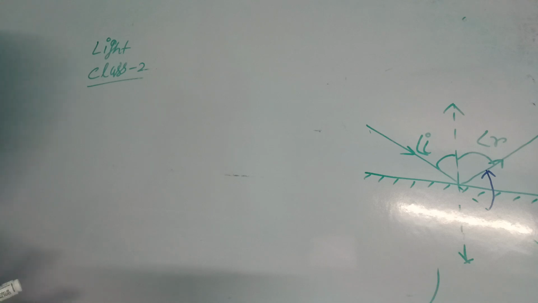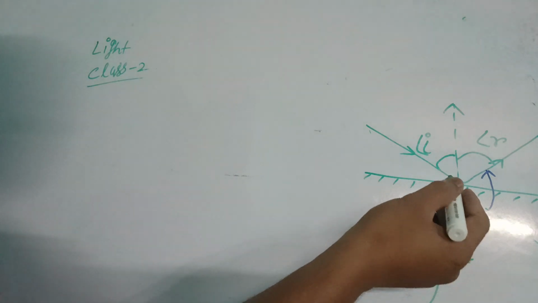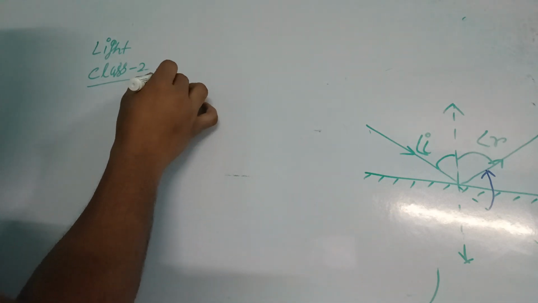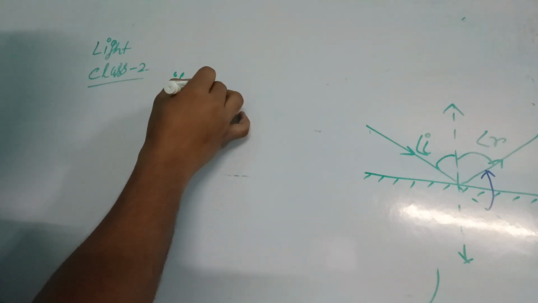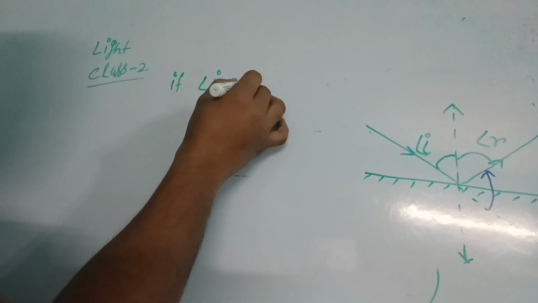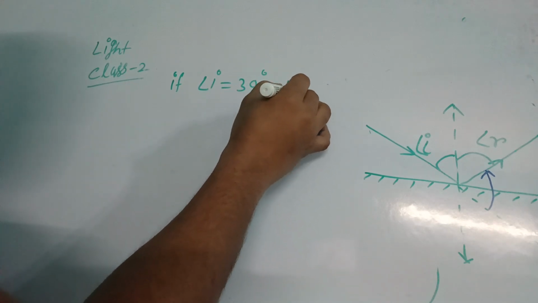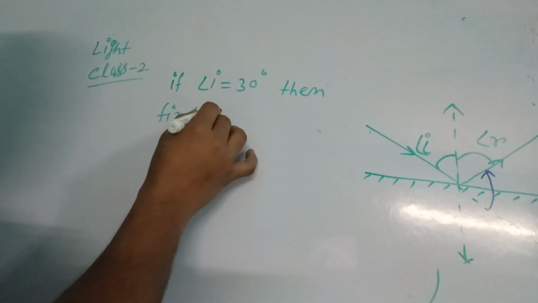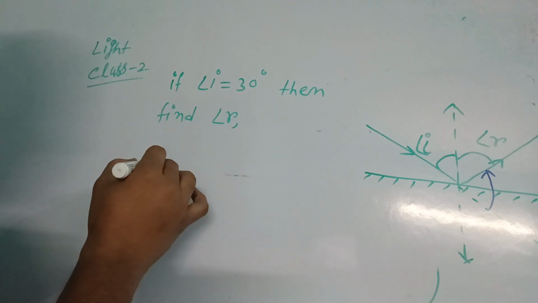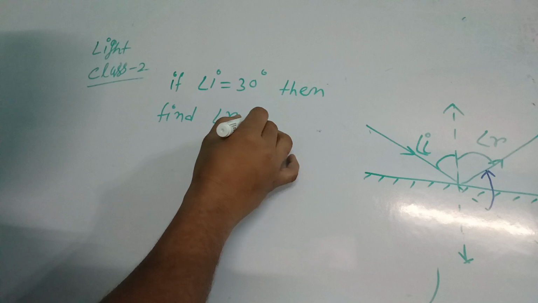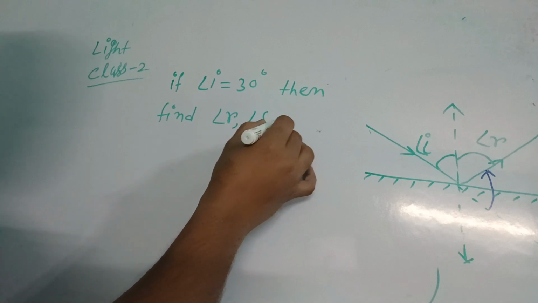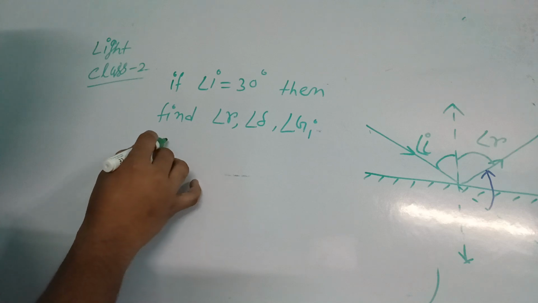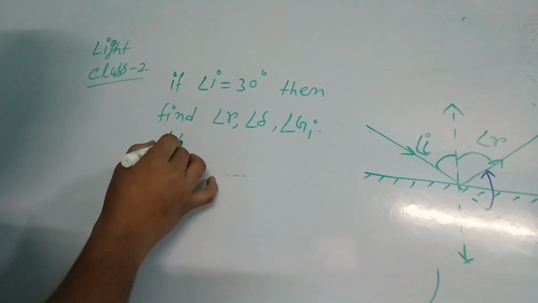Now for example, the I is given. For I equal 30 degree. If angle I is equal 30 degree, then find angle R, angle delta, angle GI, angle GR.